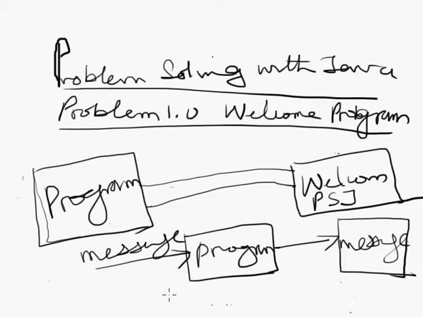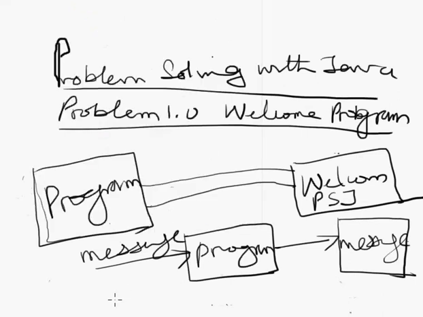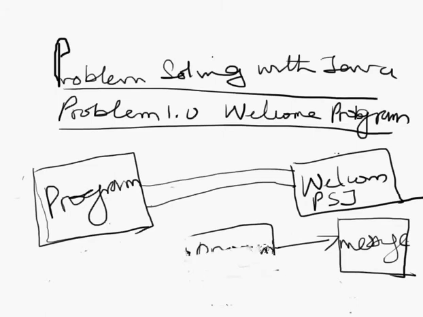Now in Java, how do we instruct the computer to do this? It's very simple. All we have to do is tell the computer, okay, this is what I've got, and I want you to put this on the screen.